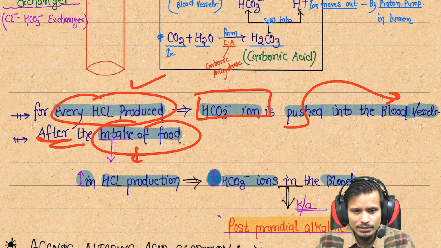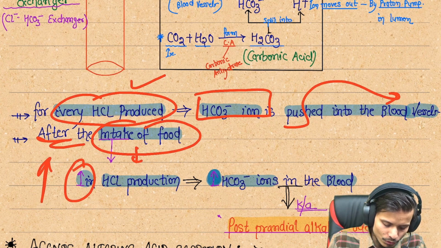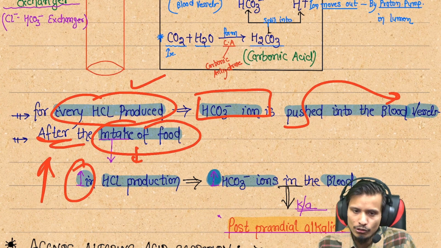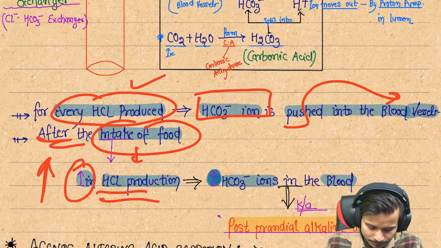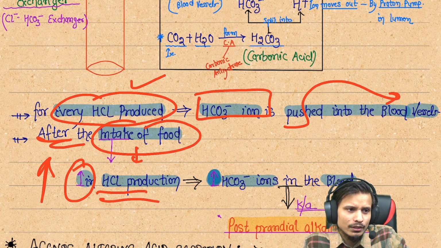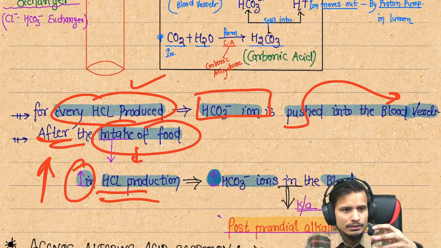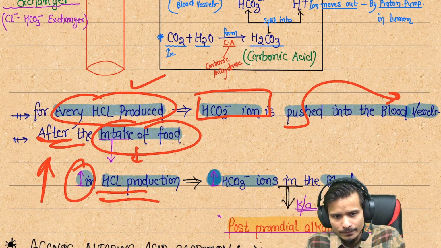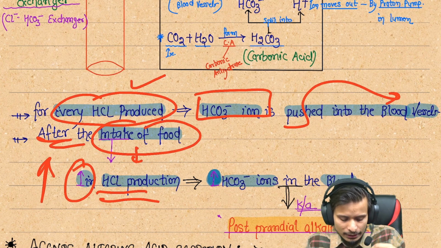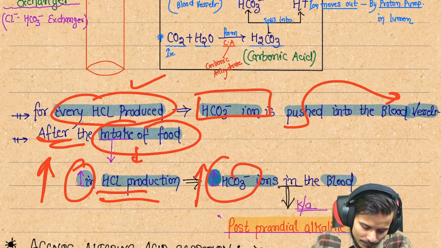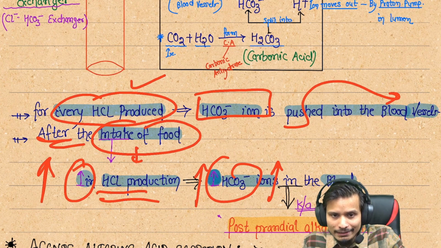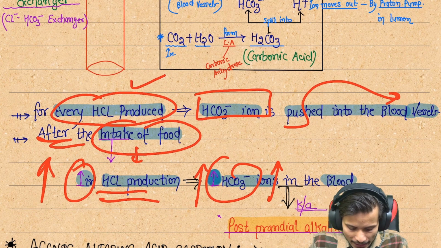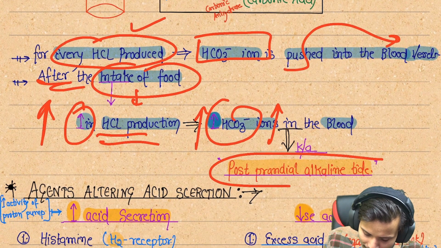How is HCl produced? HCl is produced whenever you take food in our body. So HCl production increases when we take food. As soon as food hits the stomach, HCl production starts. This leads to the amount of HCO3 minus in the blood also increasing, because this HCO3 minus moves from the parietal cell into the blood vessels, and that condition is called postprandial alkaline tide.